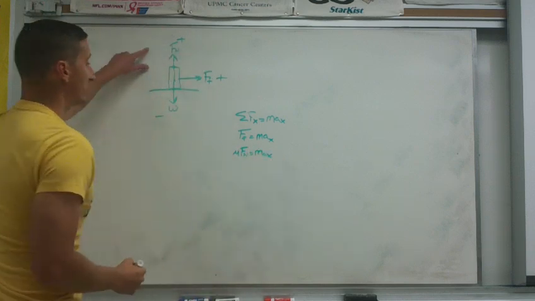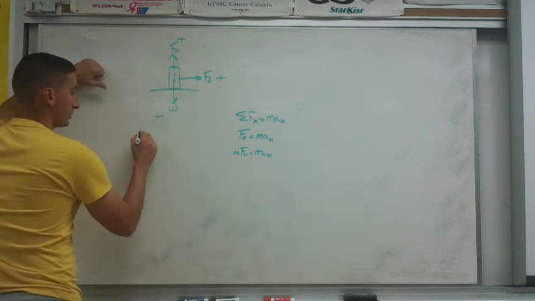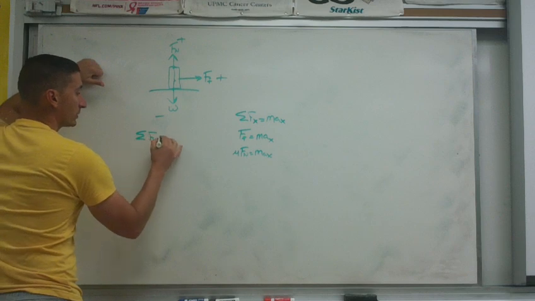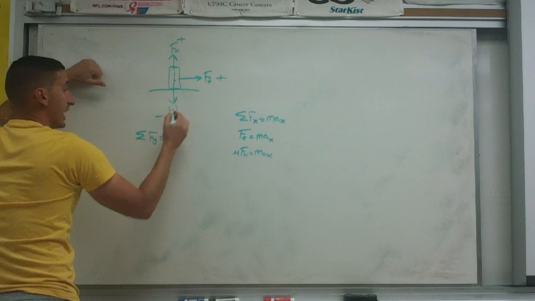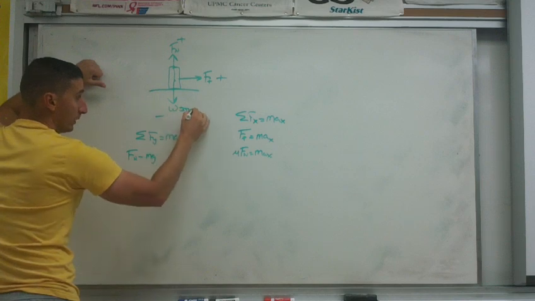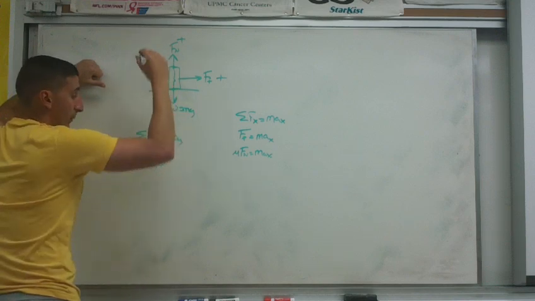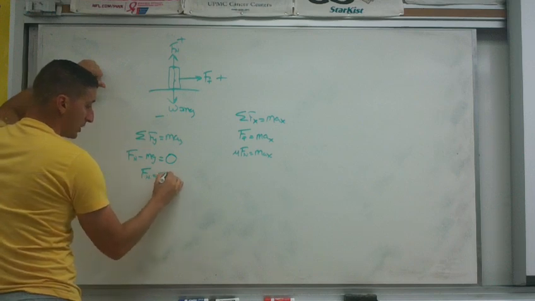Well, Fn, I need to use the y equation here to solve for Fn. Summation of forces in the y equals may. I go, well, positive, negative, Fn minus mg, which is weight, equals, the tire's not moving up or down, so it's 0. So I get Fn equals mg.